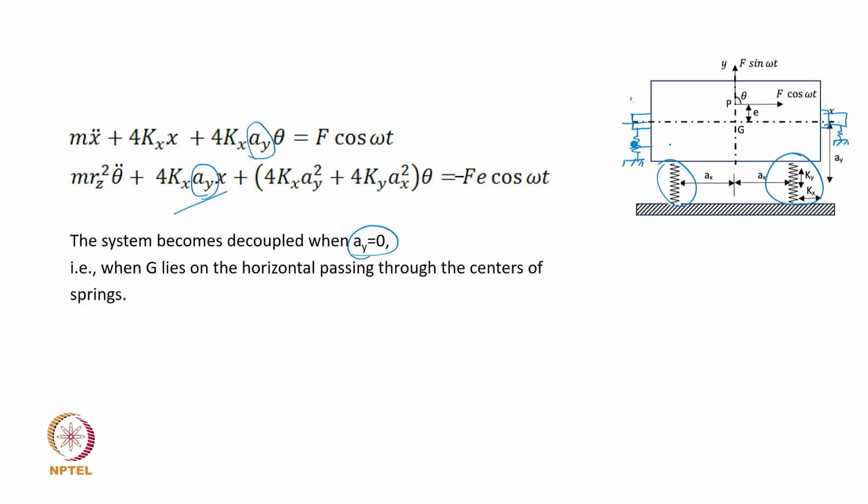In fact, you can show that the spring is located here and the spring is located here, so what will be the position of the spring? It is almost along the g axis, which means that this ay is 0. So mathematically it is ay equal to 0, but physically it is like hanging it at appropriate support points, so that the coupling is not there.